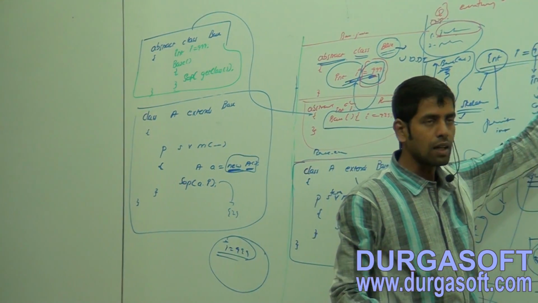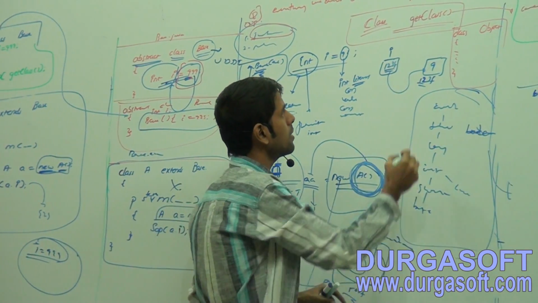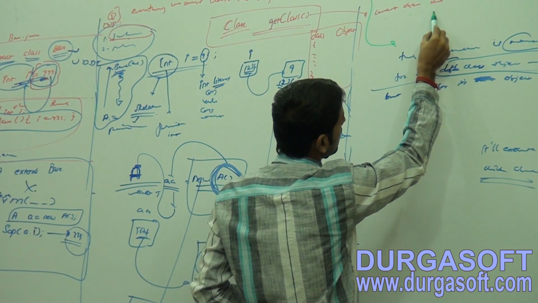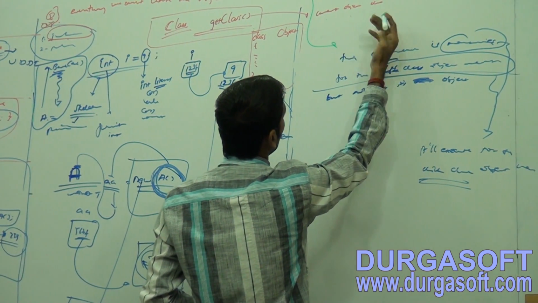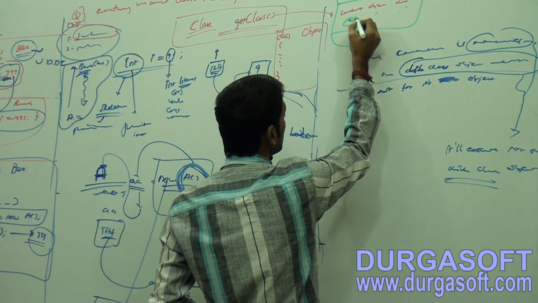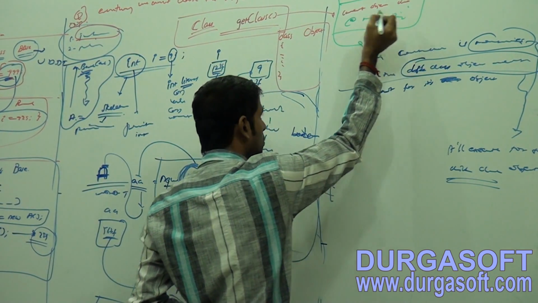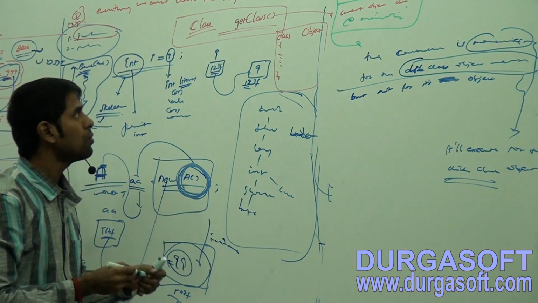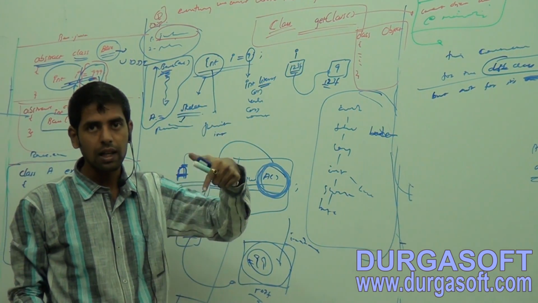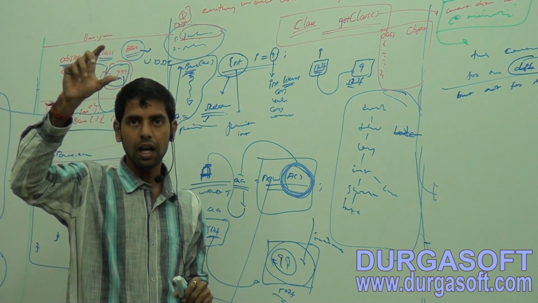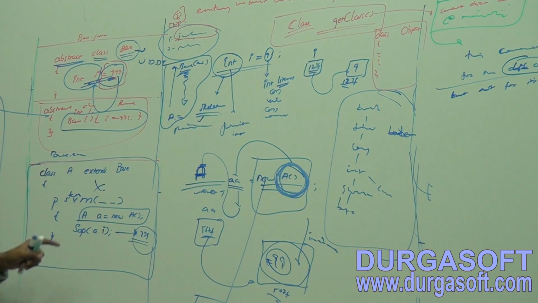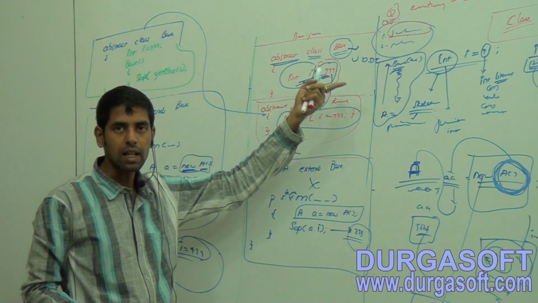What will this getClass method return? The current object's class, the class of whichever object is created in memory, strictly that object's type, not the Base type.